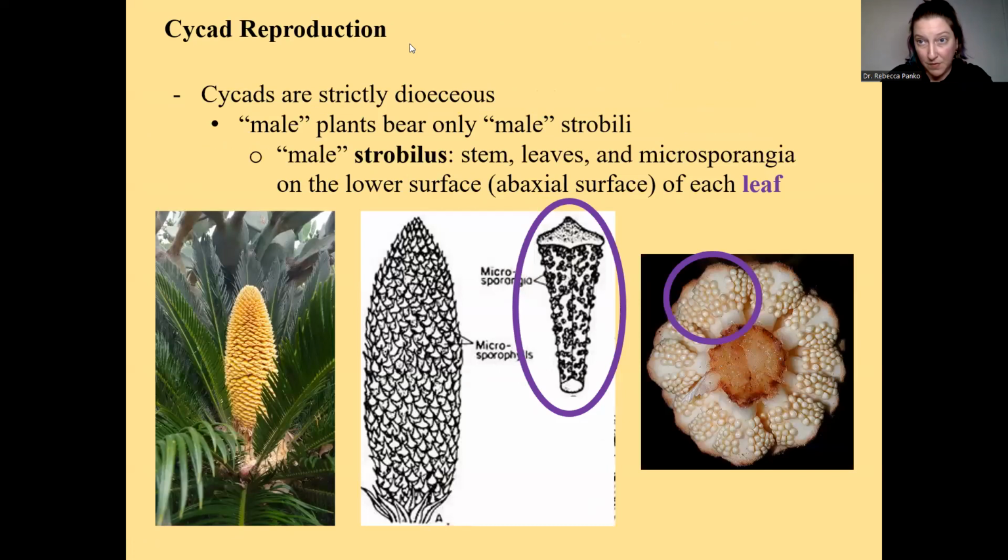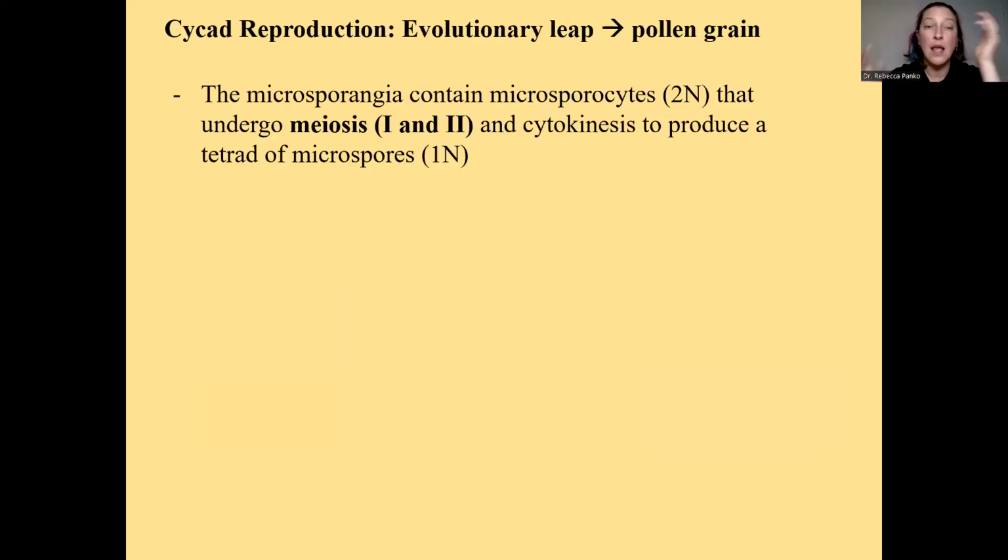If you were to pick up a male strobilus and pull a microsporophyll or a leaf off of that strobilus and look underneath the leaf, you'd see these little fish egg looking things that are each microsporangia, right? So inside each of those little fish egg looking things are microsporocytes, or you can say microspore mother cells, same thing.